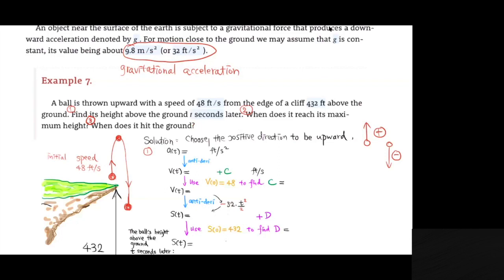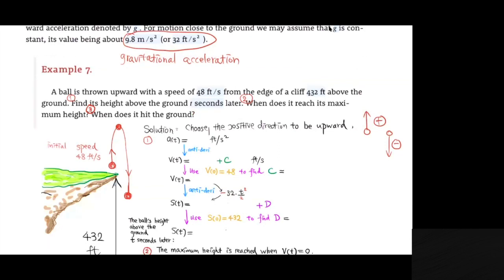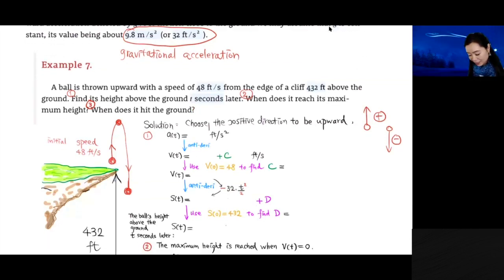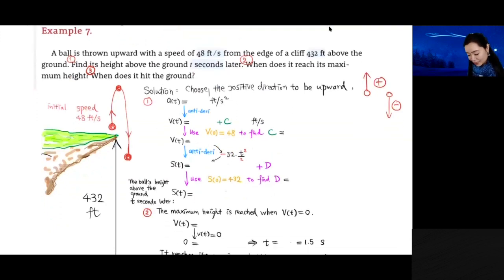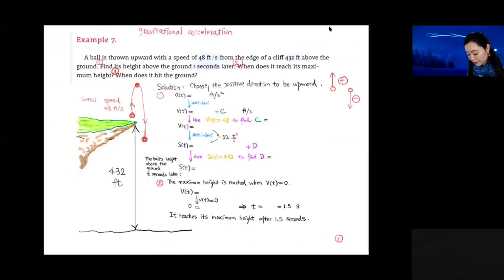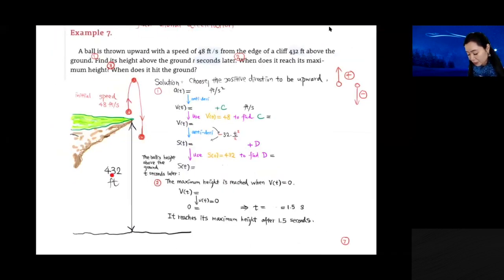Over here, I draw this diagram, the cliff. So here is a ball. It is thrown upward, and the initial speed here is 48 feet per second. It's going to reach a maximum height here, and then it's going to fall. The cliff over here is 432 feet above the ground.